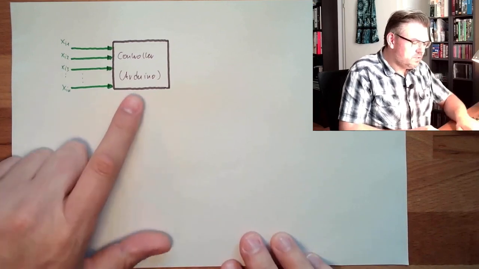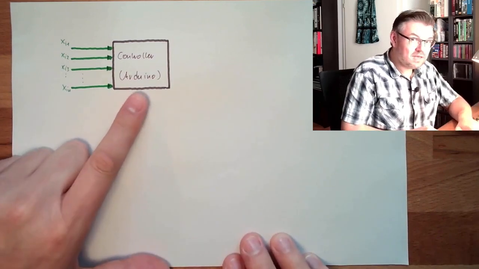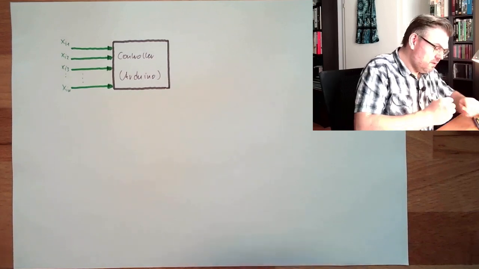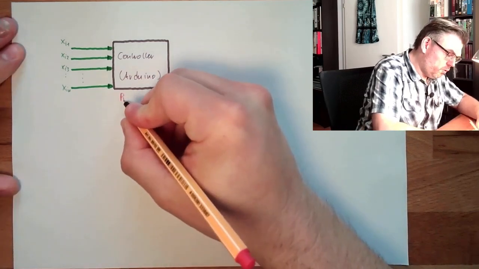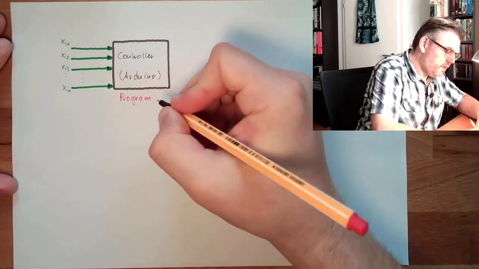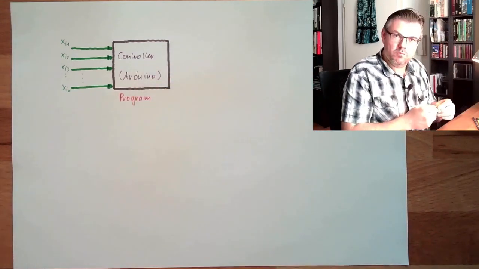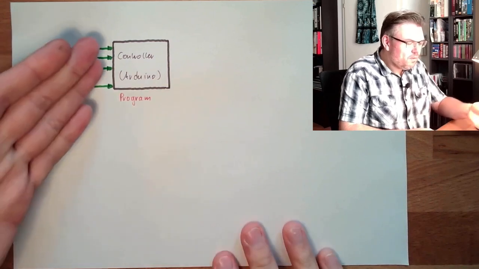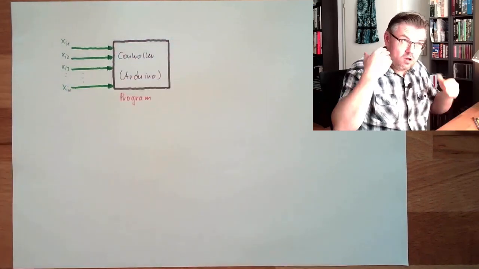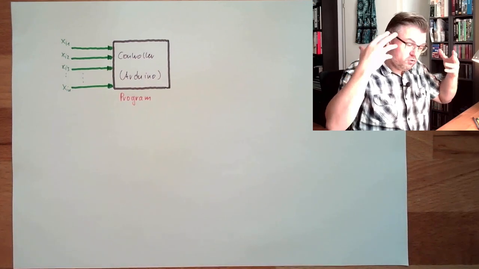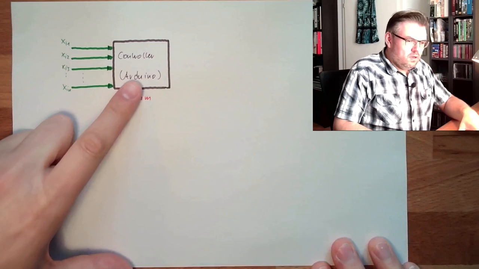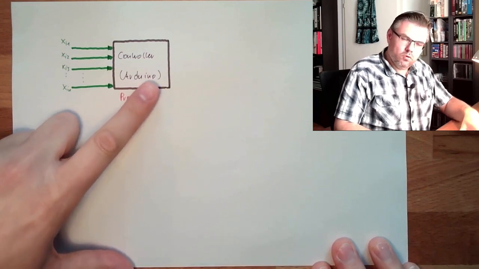Those inputs are processed by the controller somehow. So there is a program running, which is processing the inputs. Based on the inputs and maybe some internal states, which it remembered from previous occasions, the controller decides what to do.